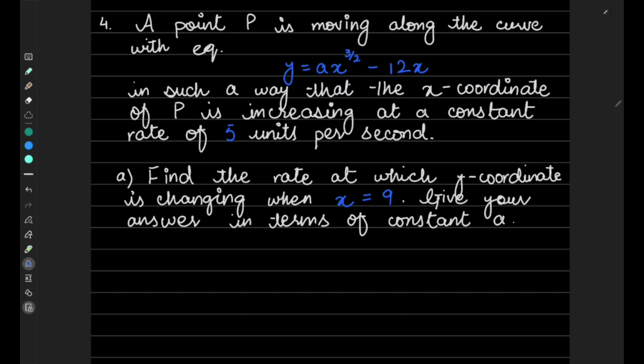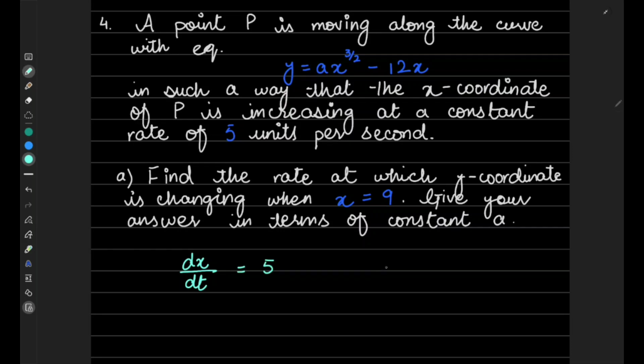So what are we supposed to do? What is given to us is dx over dt. The x coordinate of point P is changing at a rate of 5 units per second. So 5.